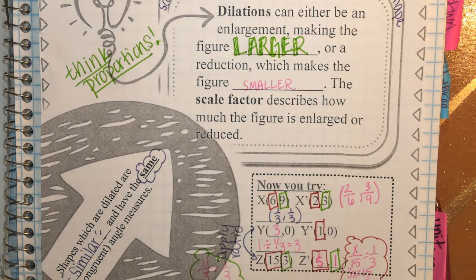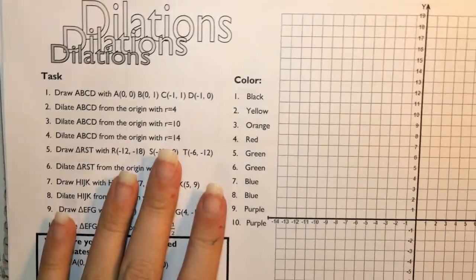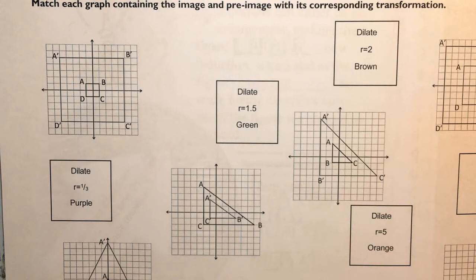Now, today, you should have 2 sheets after this video. Your first sheet looks like this, and your second sheet is match each graph containing the image and pre-image with its corresponding transformation.